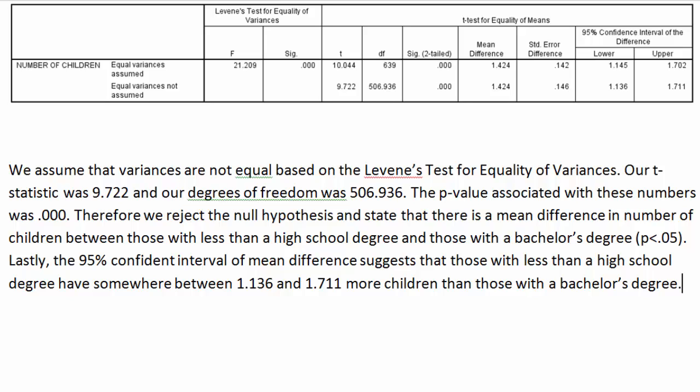We state our alpha in parentheses, and if our p-value is less than alpha, we write it out as such: p < 0.05. Lastly, the 95% confidence interval of the mean difference suggests that those with less than a high school degree have somewhere between 1.136 and 1.711 more children than those with a bachelor's degree.